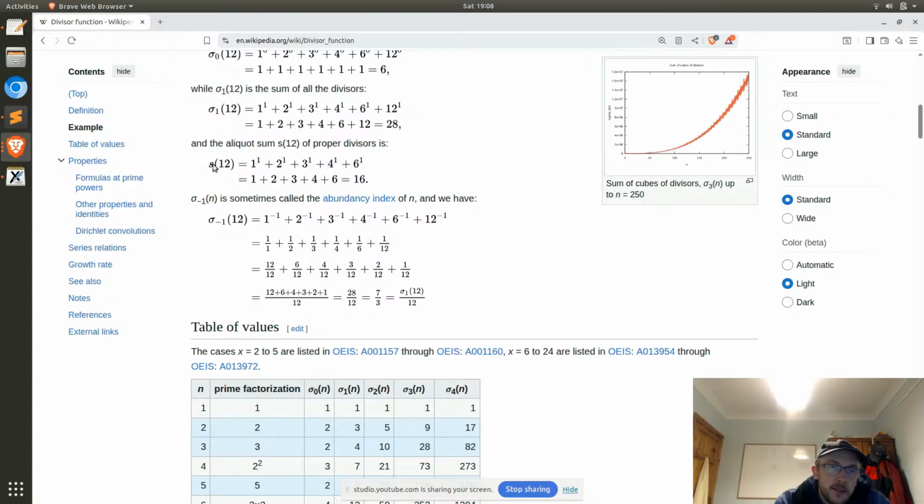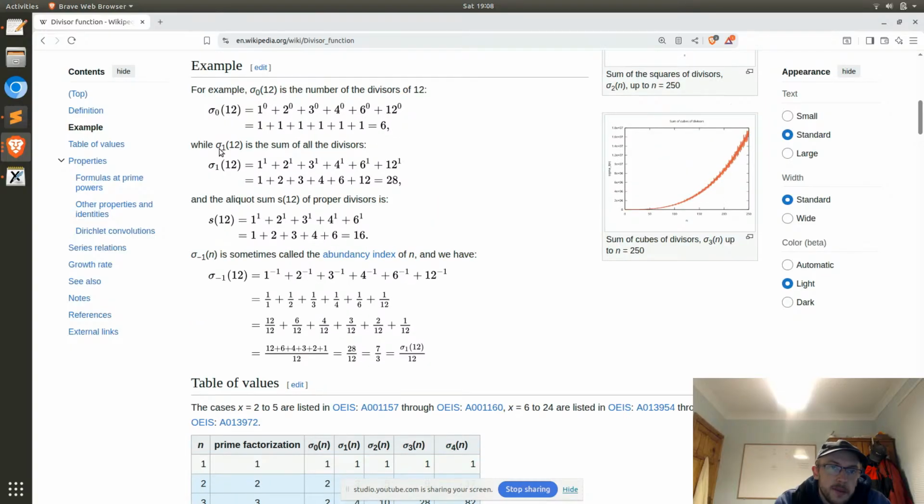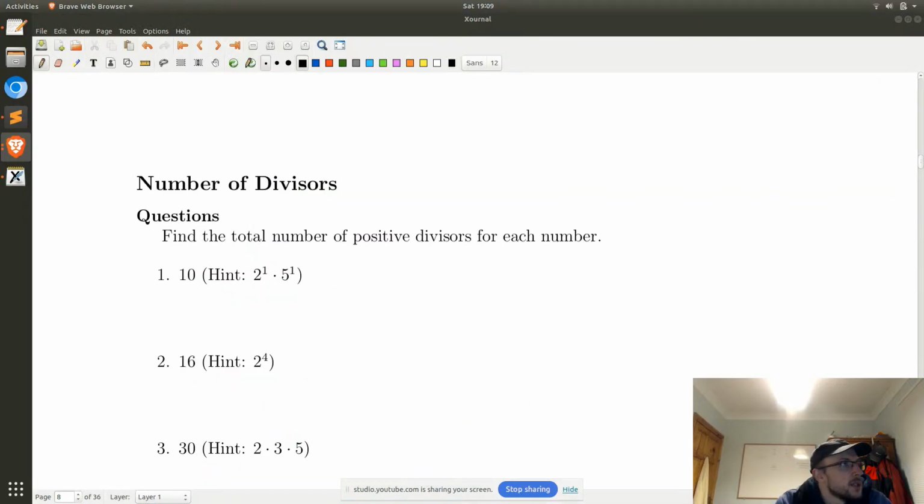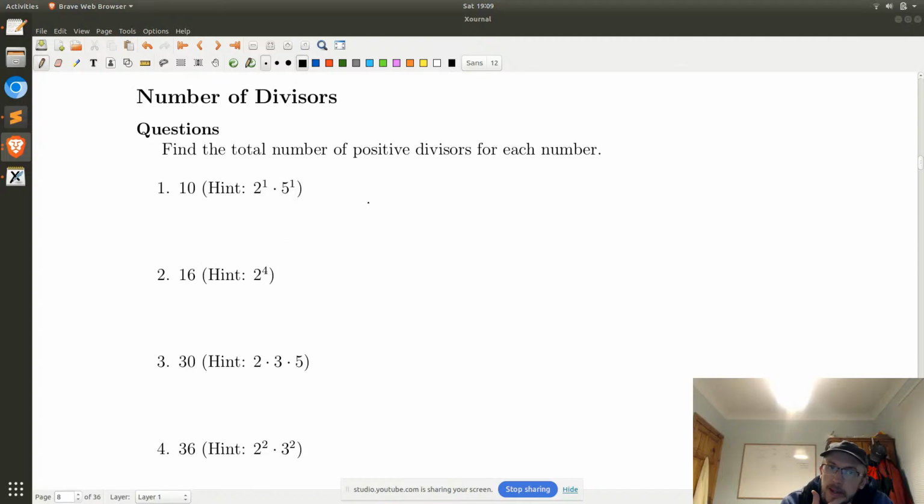Okay, so S is used exclusively for that. All right, so now to get on with the task.